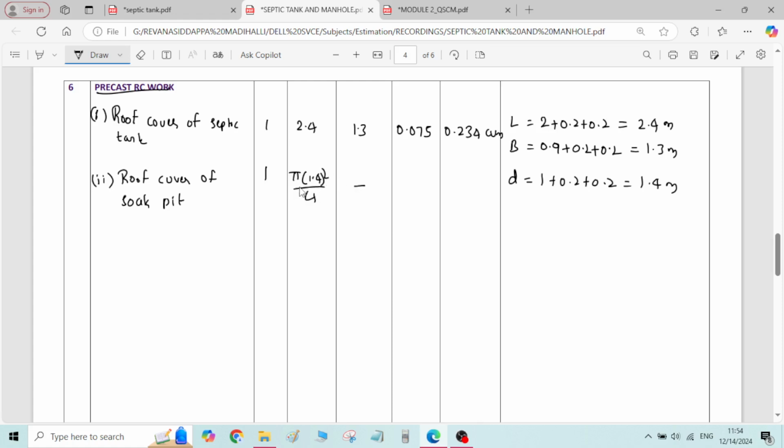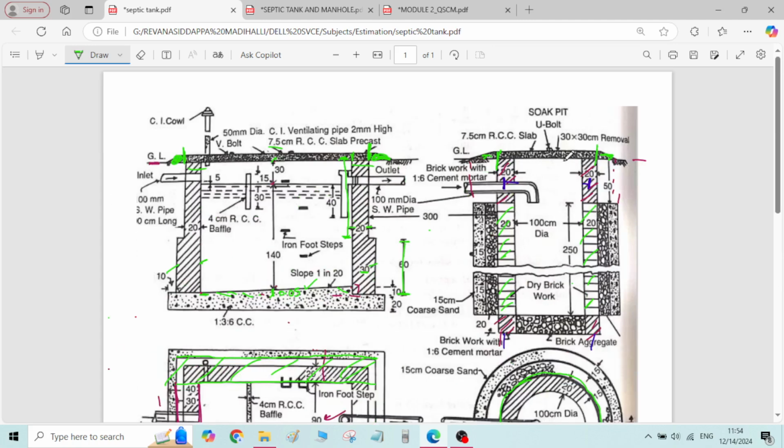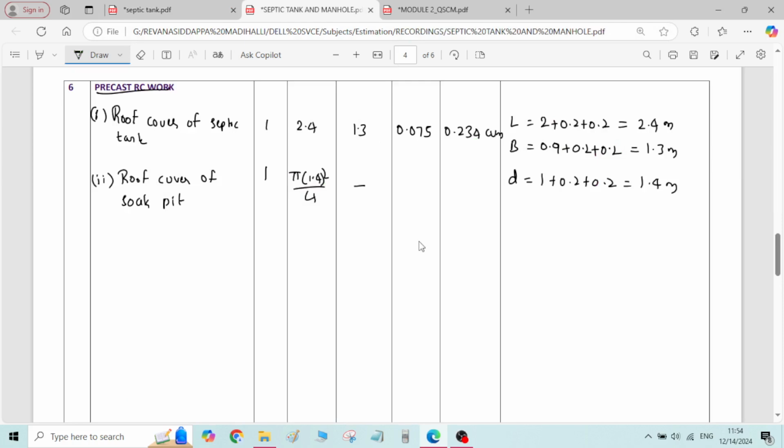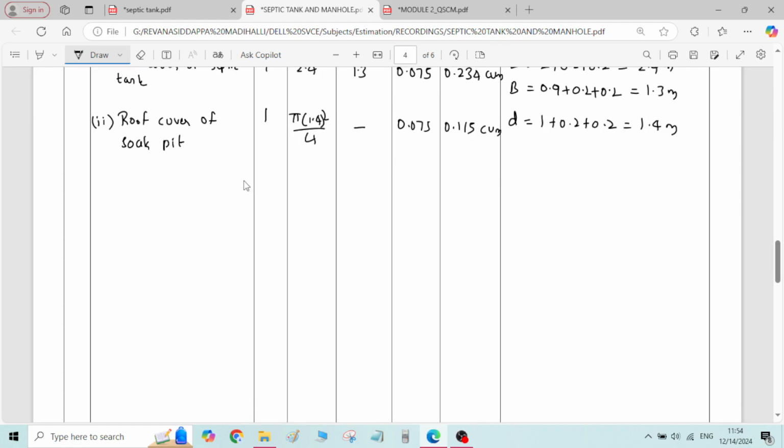Area multiplied by thickness of the slab gives volume. Thickness of the slab here is the same, 7.5 centimeter, so 0.075. You multiply both and you will get the answer as 0.115 cubic meter.